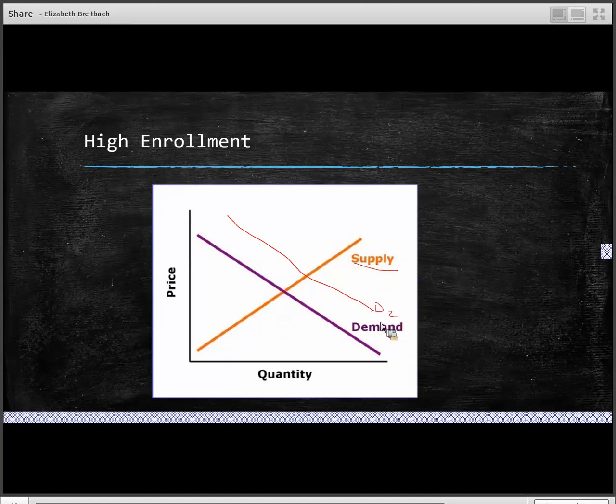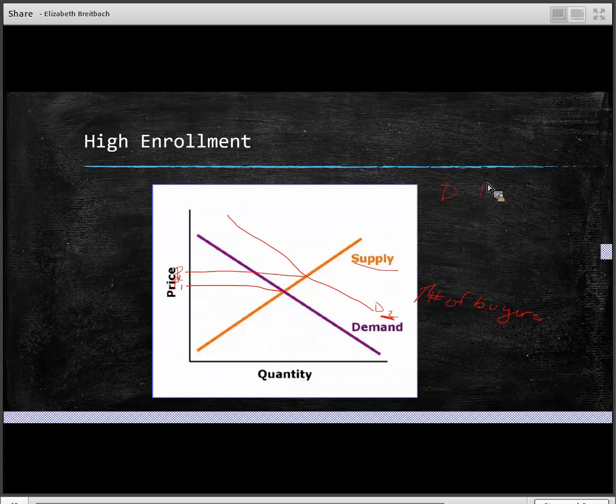But what did happen are there are more students on campus, and the more students mean a greater number of buyers. Remember, number of buyers plays a big role in determining where a demand curve falls. And since there's more buyers, there's more competition for those tickets, and as a result, the equilibrium price is going to increase.